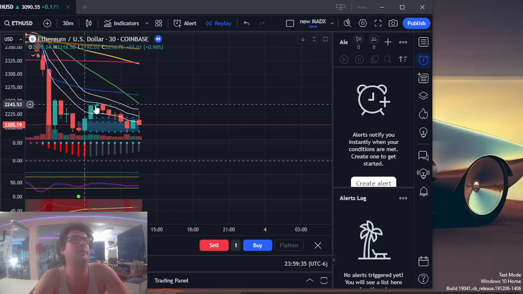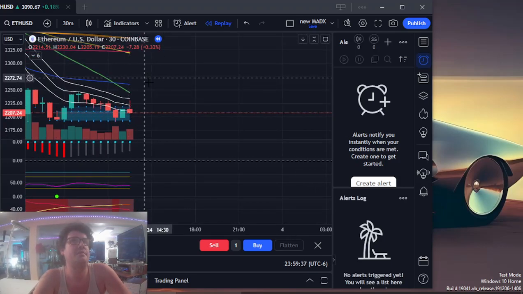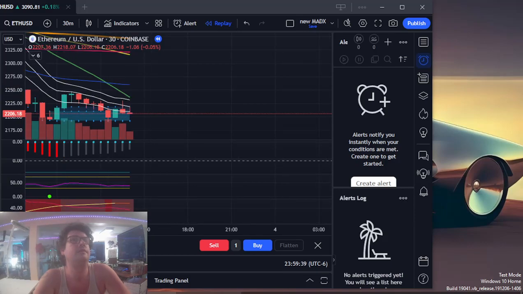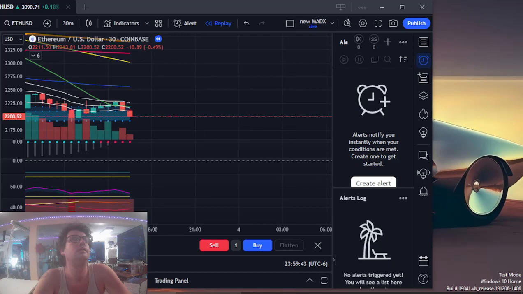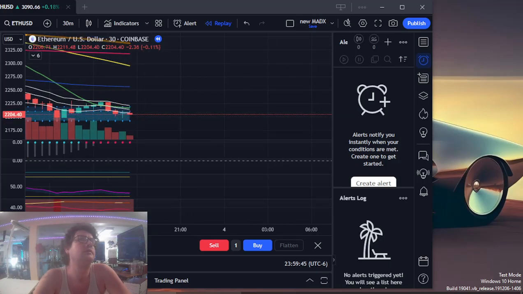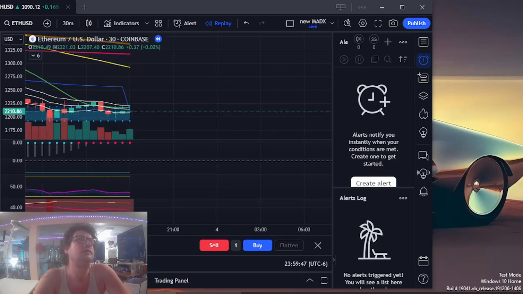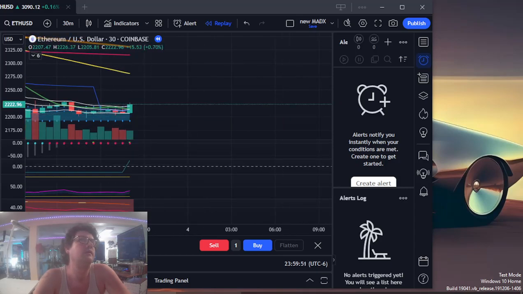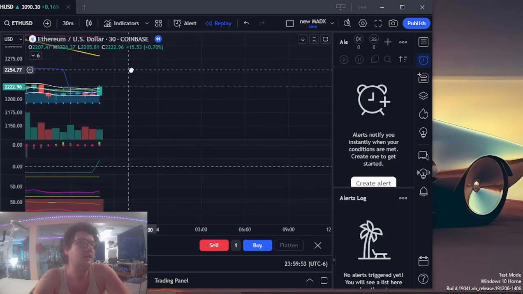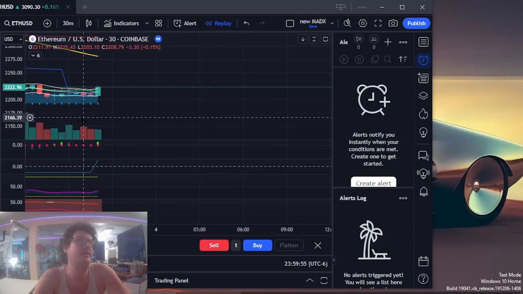Let's zoom in a little more here. We might get a nice pop through the green there. Not as early as I would have liked.